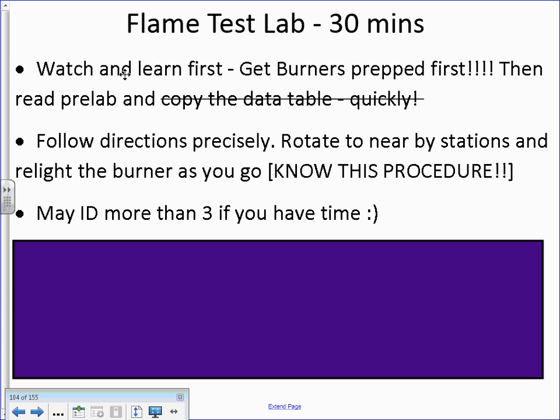I gave you a half sheet so we could actually do this a little bit faster. Let me just see how this works. With my goggles on, you guys read the pre-lab real fast by yourselves.